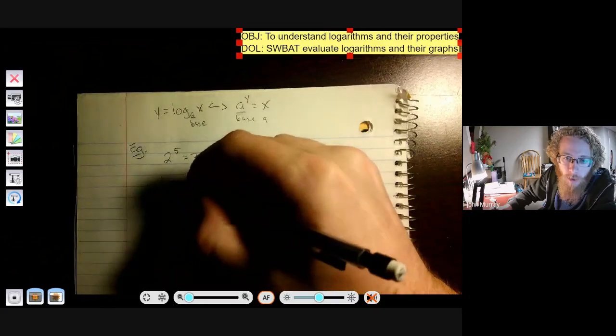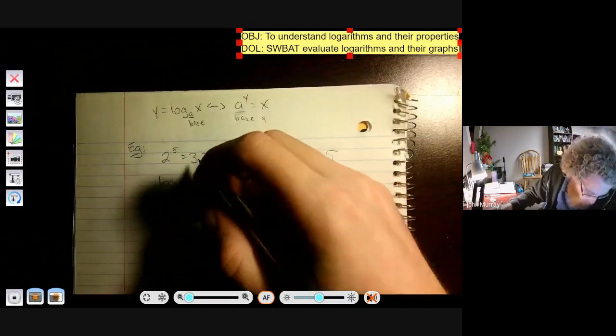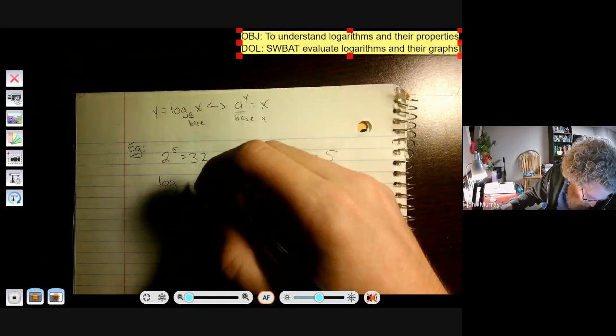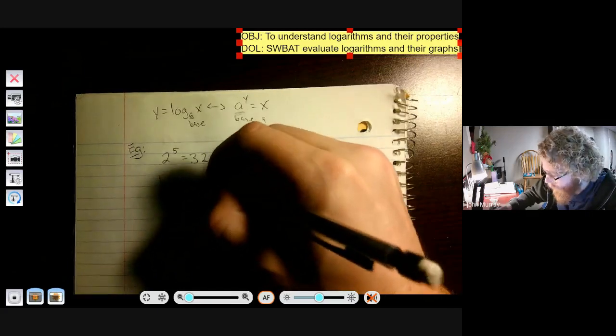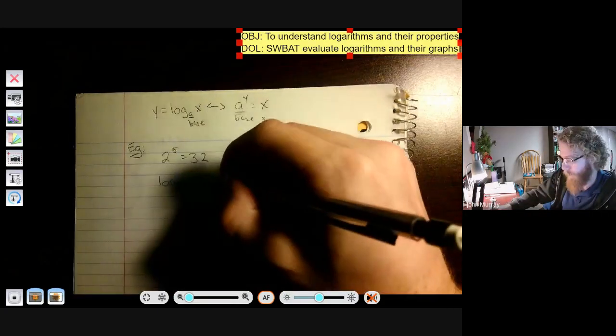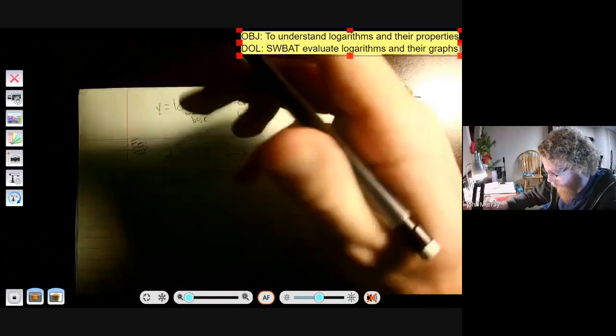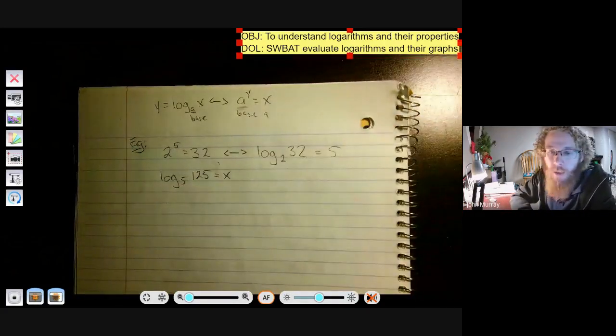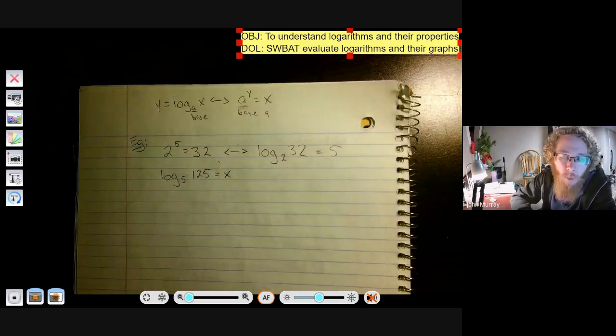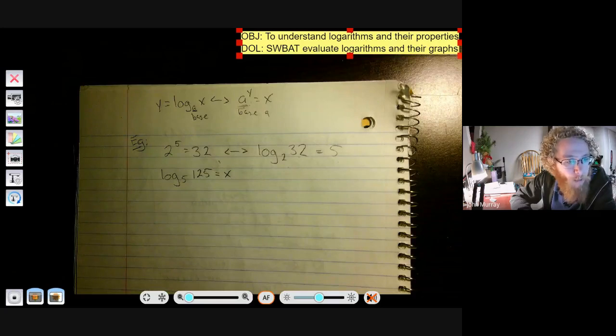So if I had something like log base 5 of 125 equals x, you're saying to yourself, 5 to what power gets me 125?